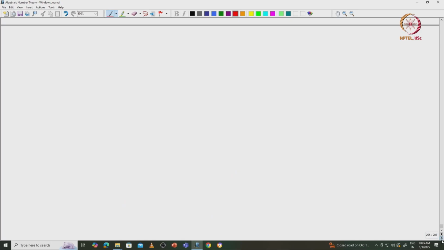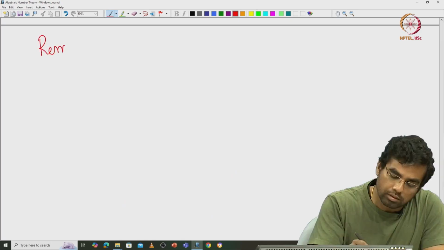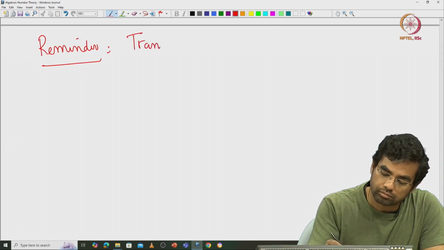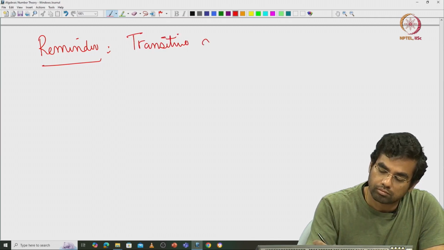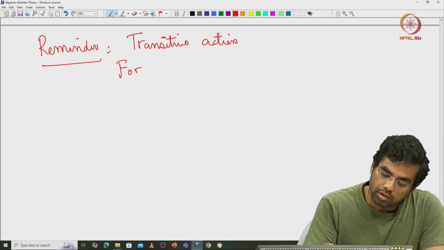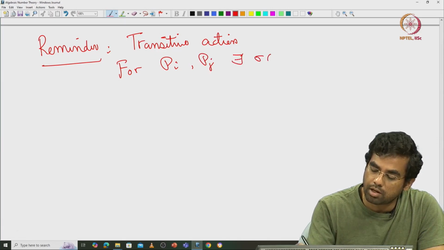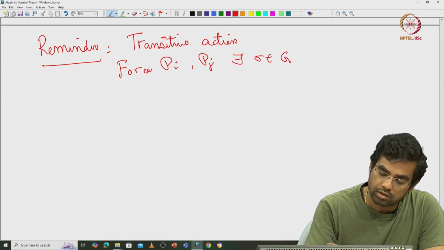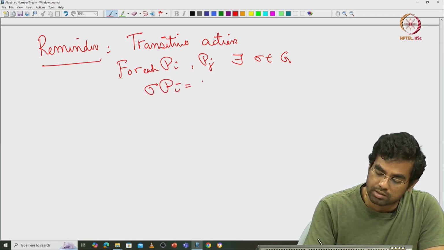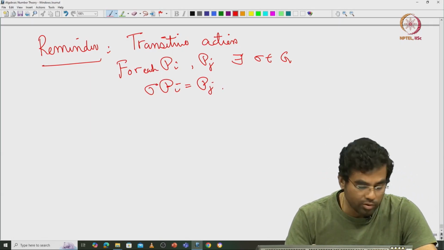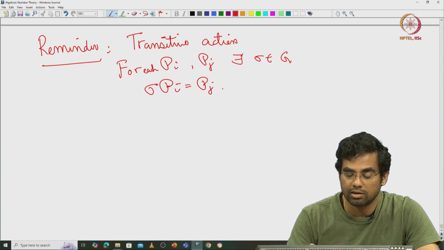Transitive action means that for each pair Pi, Pj, there exists sigma in G such that sigma of Pi is equal to Pj.